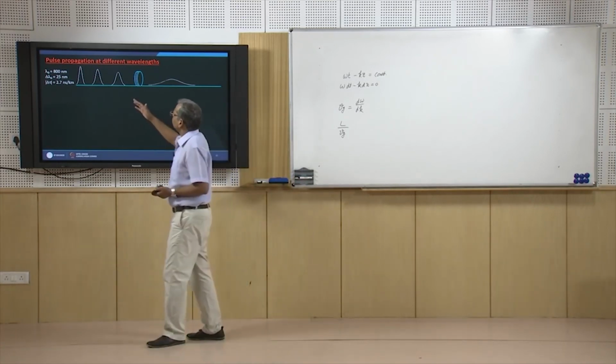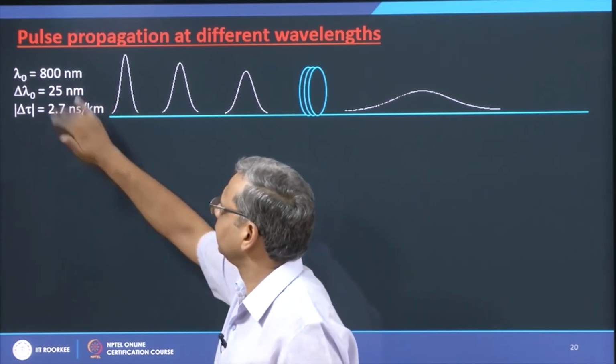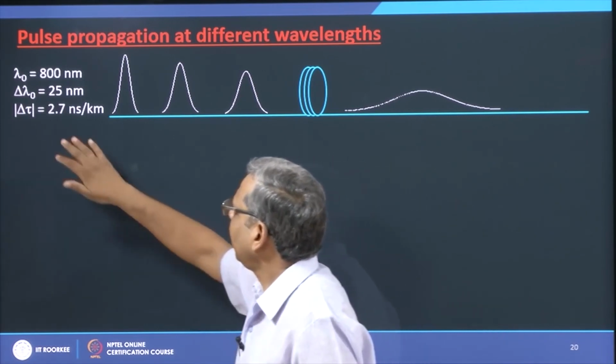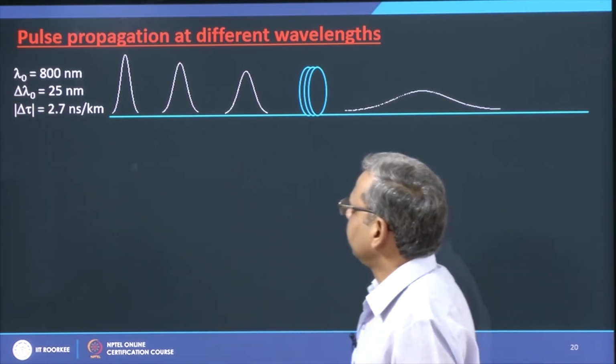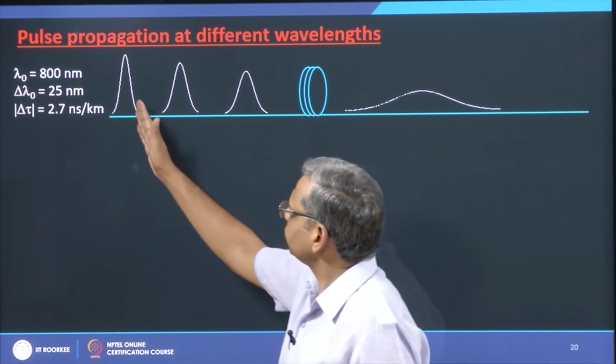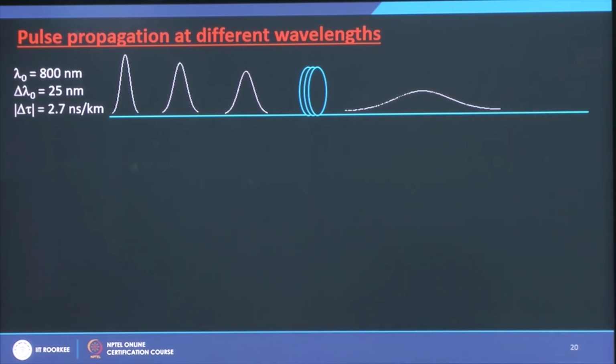Now let us look at pulse propagation at different wavelengths. This is the LED at 800 nanometer with line width 25 nanometer and broadening of 2.7 nanoseconds per kilometer. If I now send this pulse, I see that it broadens very quickly.